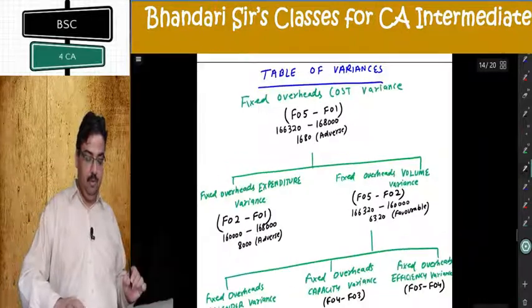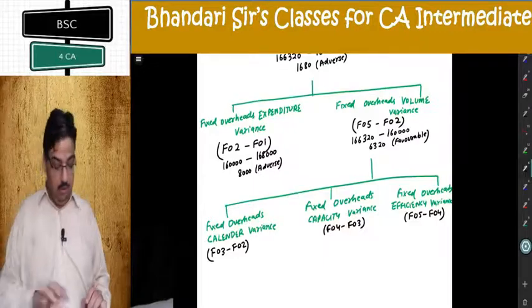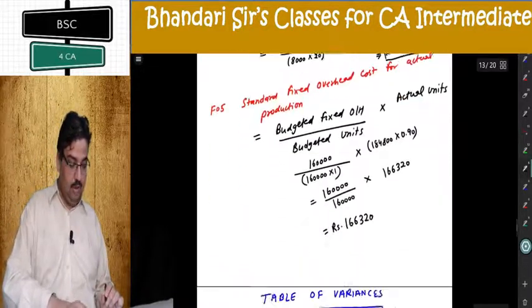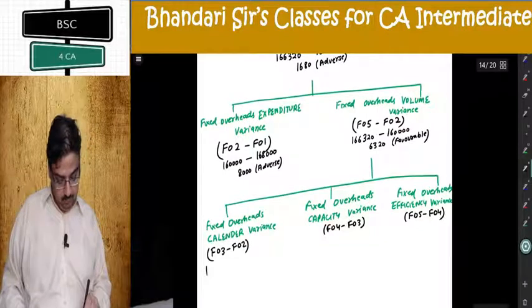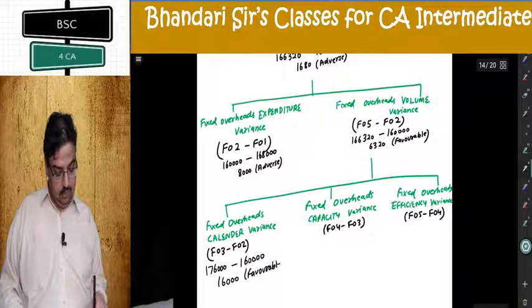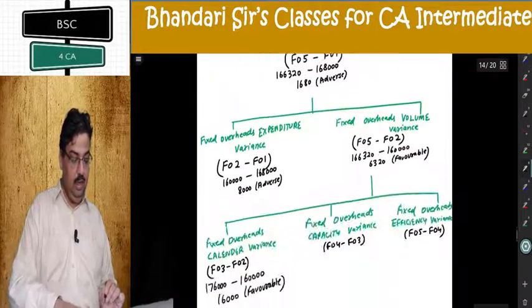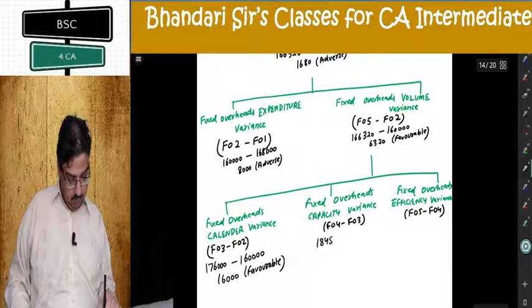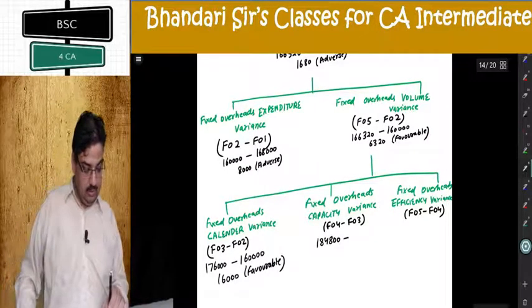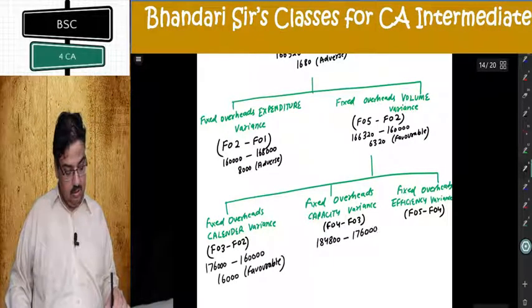At the bottom part, FO3 minus FO2. FO3 1,76,000 minus 1,60,000, 16,000 favorable. FO4 minus FO3. FO4 was 184,800 minus FO3, which we just saw as 1,76,000.